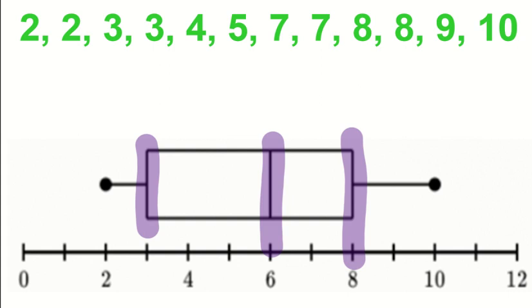All right, couple other things. What is my range? Range is 8. Range is the maximum minus the minimum. So 10 minus 2 gives us 8. And then the interquartile range.